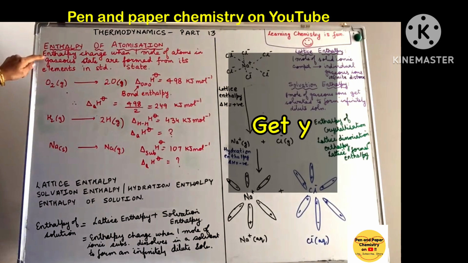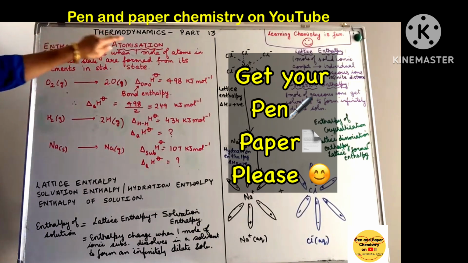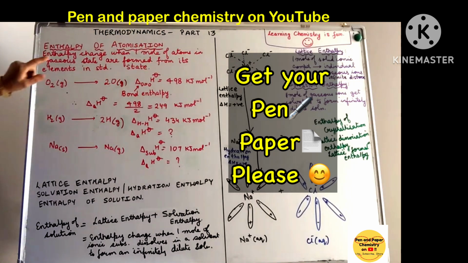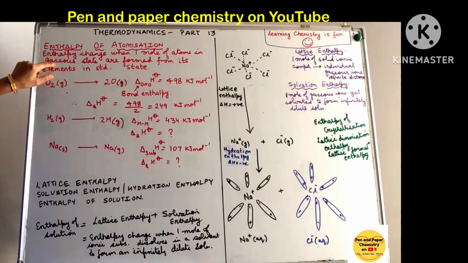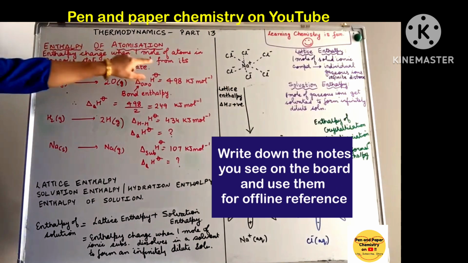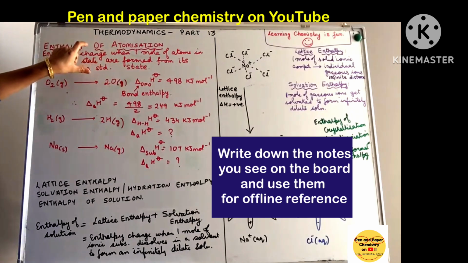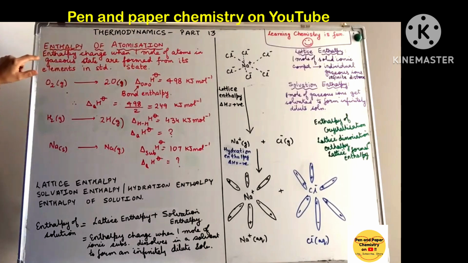So when you are talking about the enthalpy change, when 1 mole of atoms are formed, and in what form are they formed? In the gaseous state, from its elements in their standard state. Whatever enthalpy change takes place in the formation of 1 mole of atoms in the gaseous state from the elements in the standard state is what we call as enthalpy of atomization.